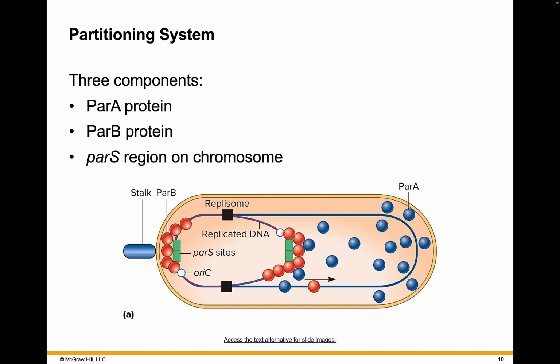Here is an origin of replication, and close to it there are some ParS regions, a couple of thousand base pairs away. These are certain sequences where the ParB protein binds. Here is an origin of replication, another one on the opposite side, and near the ParS site also, ParB binds to the ParS site.